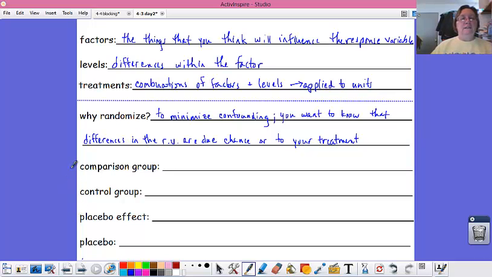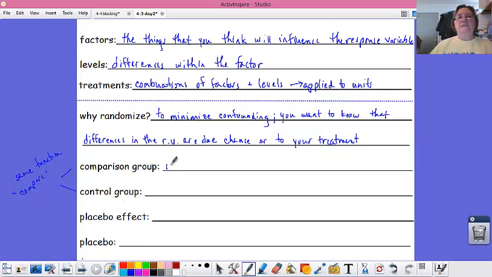The next few things that we want to talk about have to do with medical experiments, and so we're going to talk a lot about that in the next couple of days. A comparison group and a control group, those two have basically the same function in an experiment, and that is the whole compare thing. An experiment which has a comparison group is one where you give part of your people the current drug, and part of your people, the experimental group, get the new drug.